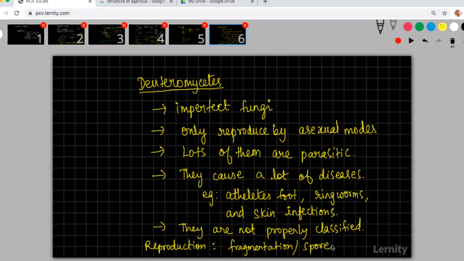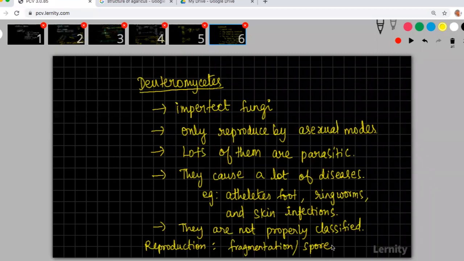Imperfect fungi means we still don't know whether they have fungus-like properties. They are mostly parasitic. These are fungi about which we don't know anything at all.